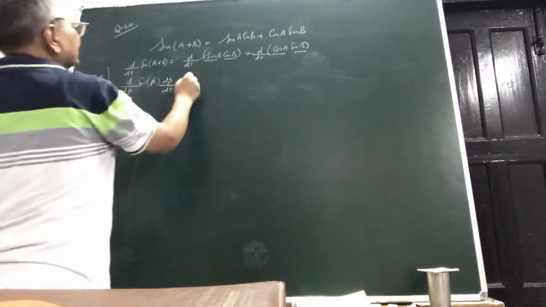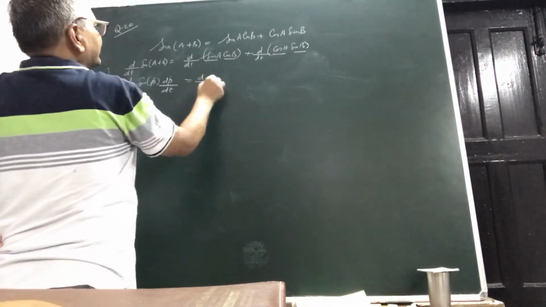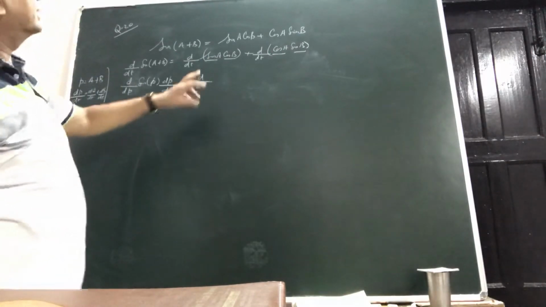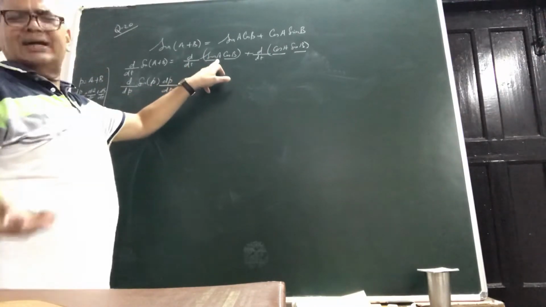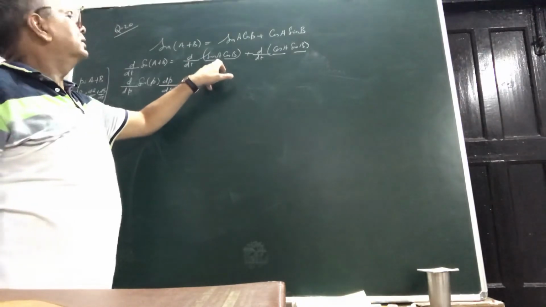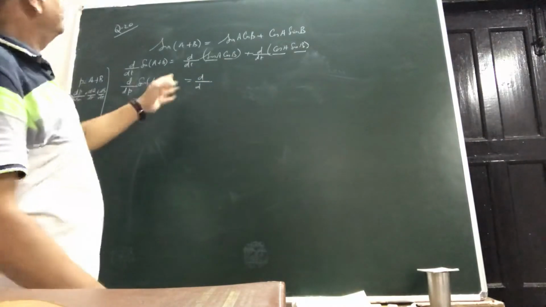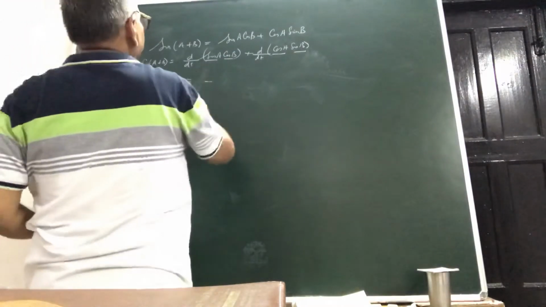Likewise here, for this thing, you put A equal to, say, Q and B equal to, say, R. Then you have to invoke the product rule, so that we will do.